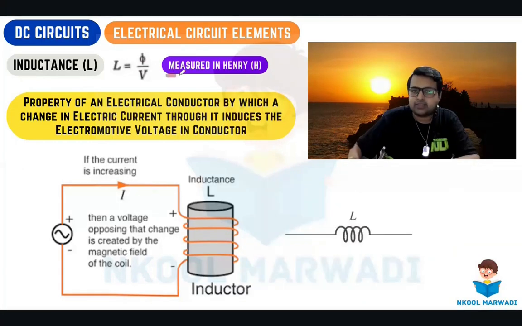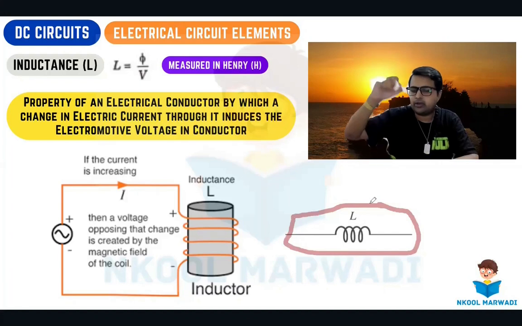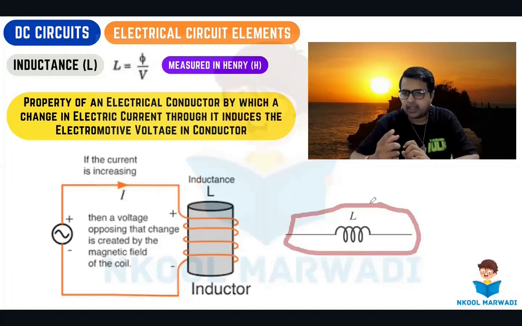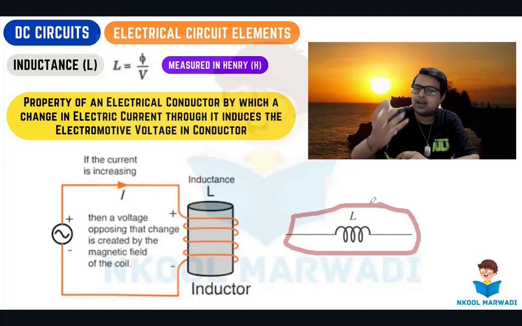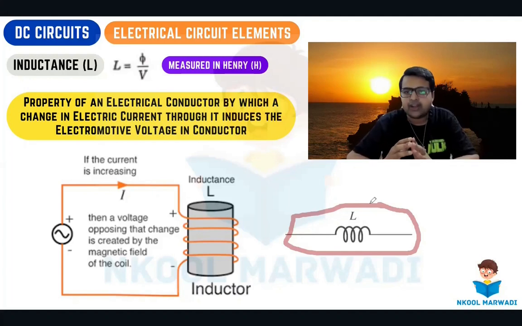Inductance is measured in Henry. Henry is the unit to measure inductance, and this is the symbol. In electrical circuits, when you are solving problems, if you see something like this, you understand that this is an inductance. So this is basically a resistance to alternating current.